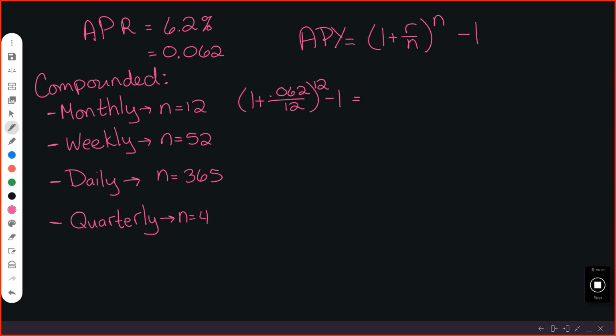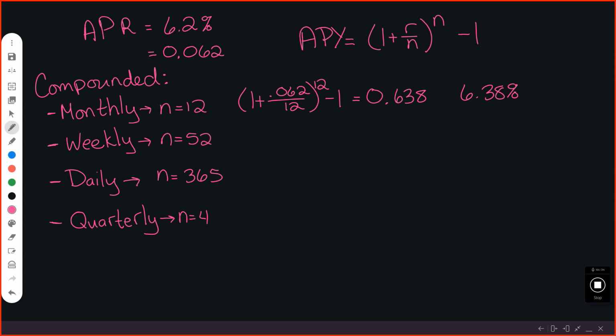It's not that fast for this one. So this is 0.0638. Which means instead of paying 6.2% interest, we're paying 6.38% interest. And again, to change it back to a percent, I just multiply by 100.